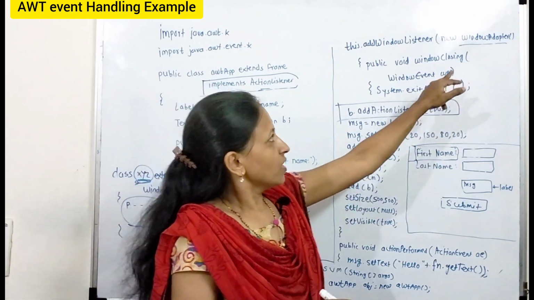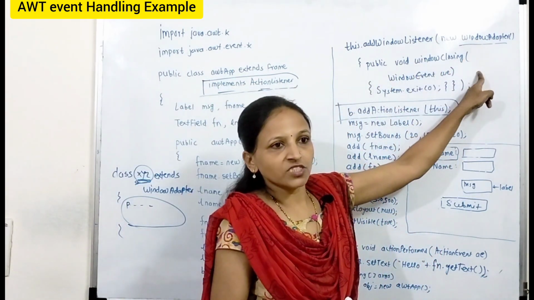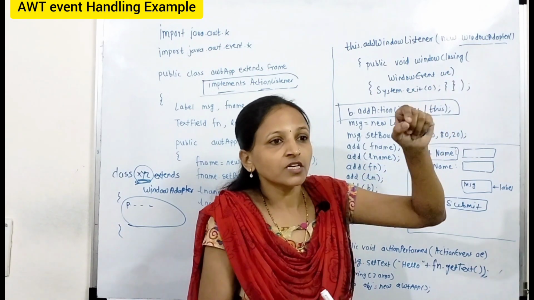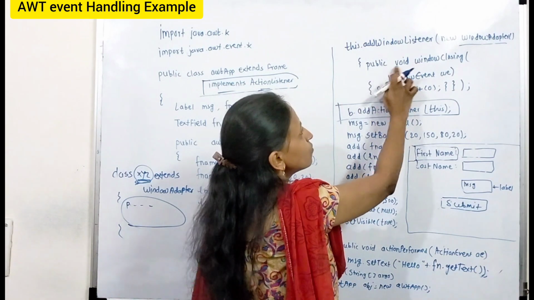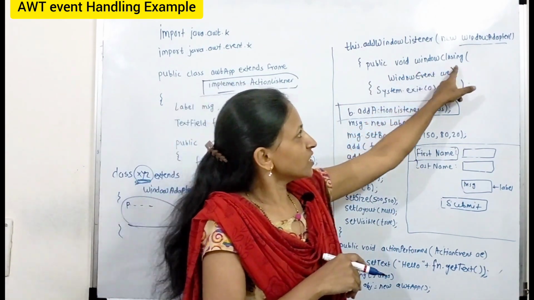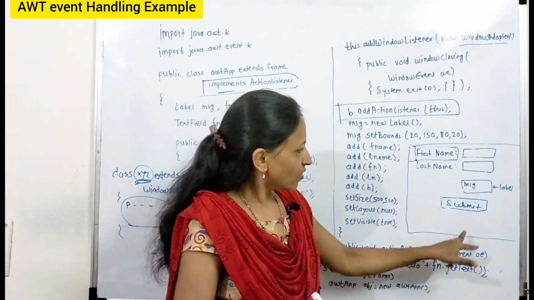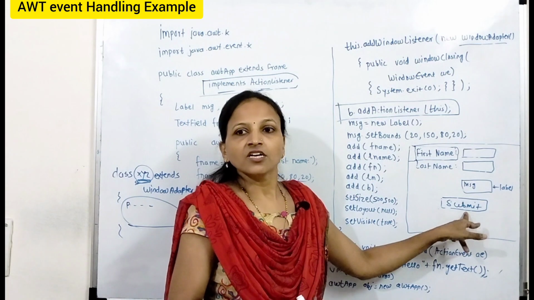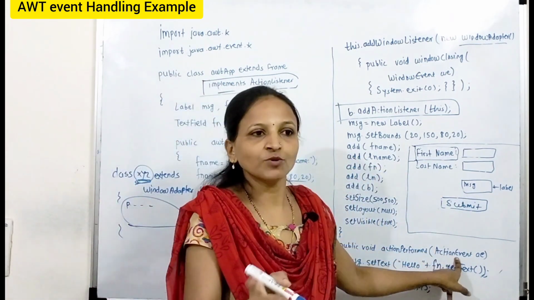Okay. Now see WindowAdapter, and here public void windowClosing. Whenever the user tries to close that window, whatever action should be performed, you can write inside the windowClosing method. Now see, the windowClosing method always has a WindowEvent object. Simple. Here whenever you click on a button, the actionPerformed method will be called, and it always takes one ActionEvent object.